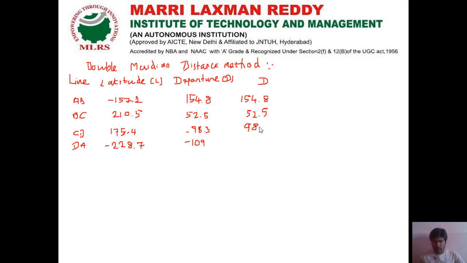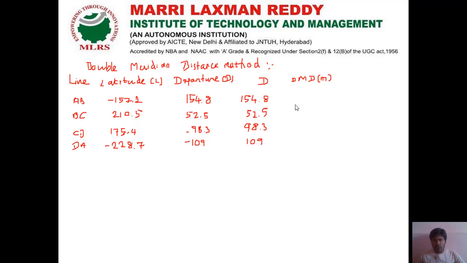Here we never bother about sign. Now we need the double meridian distance, DMD.